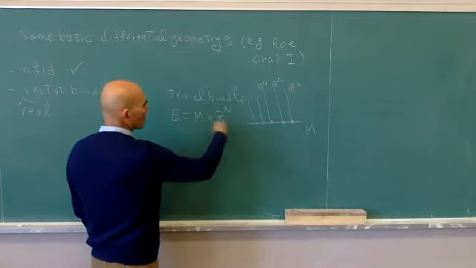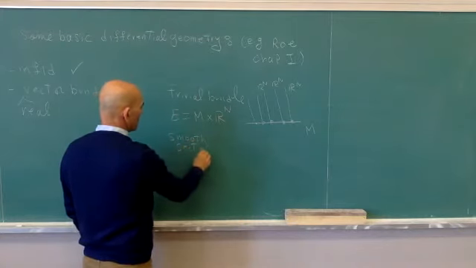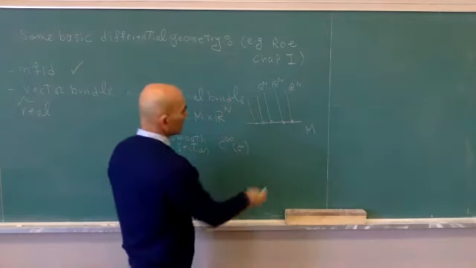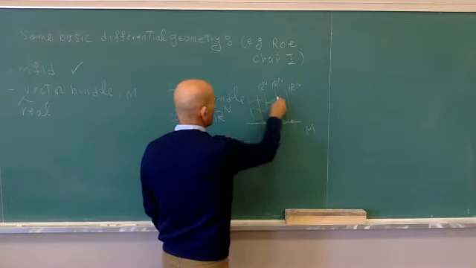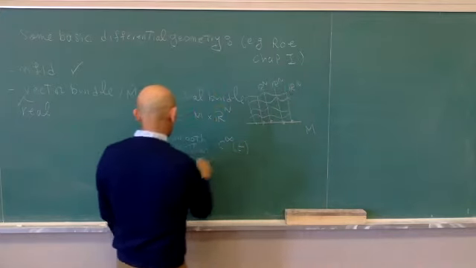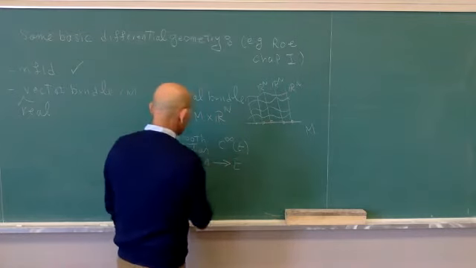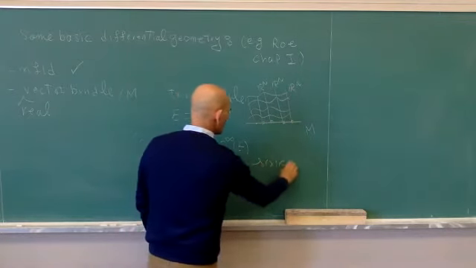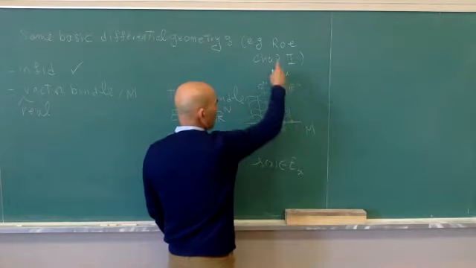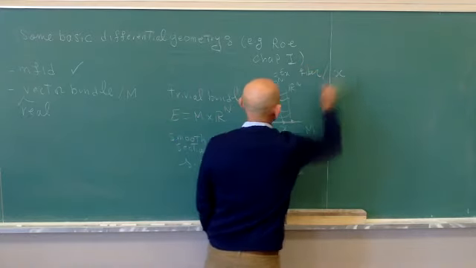And then smooth sections of E are denoted by C infinity of E. So these are basically functions s from M to E such that s of x belongs to E_x. This E_x is called the fiber over x.